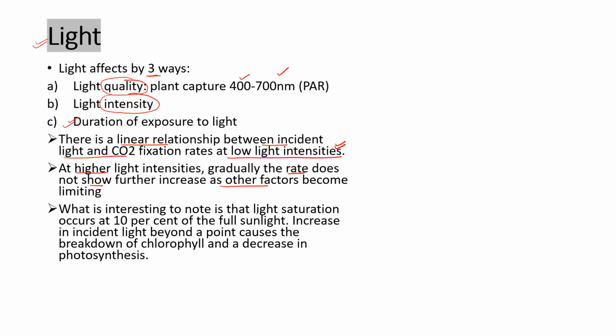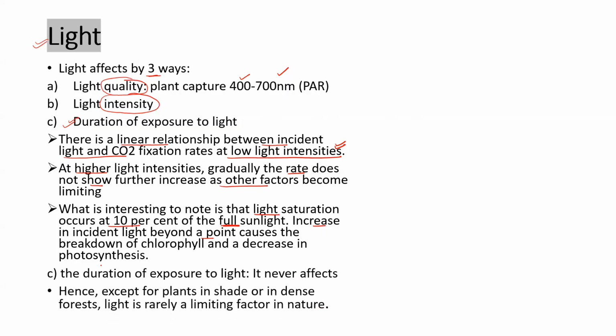Light saturation occurs at 10% of full sunlight. Increase in light beyond it can cause breakdown of chlorophyll and decrease in photosynthesis. Duration never affects photosynthesis. Hence, except for plants in shade or in dense forest, light is rarely a limiting factor in nature.